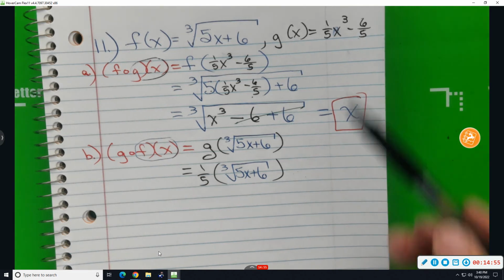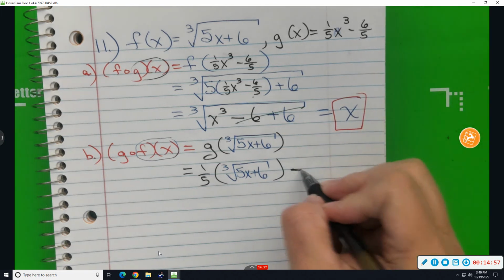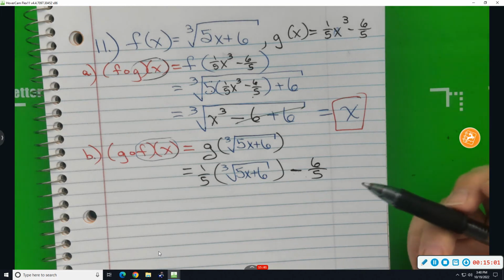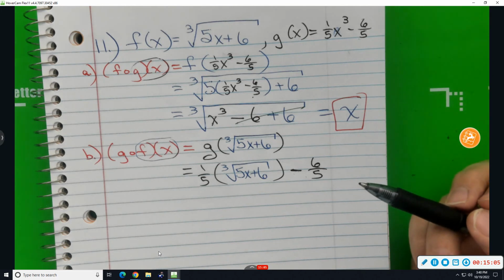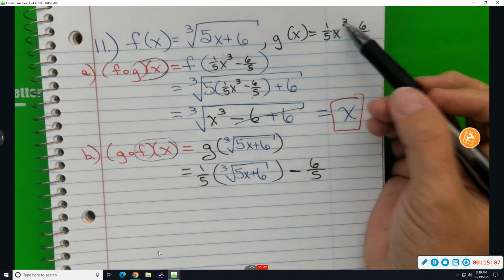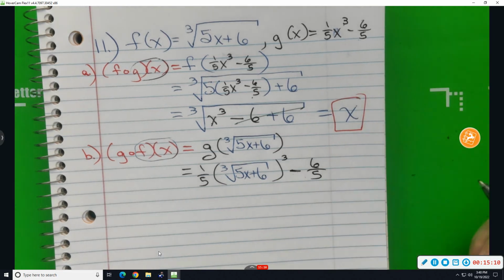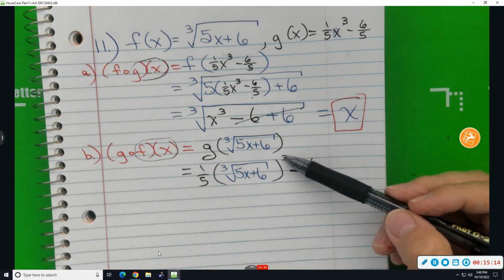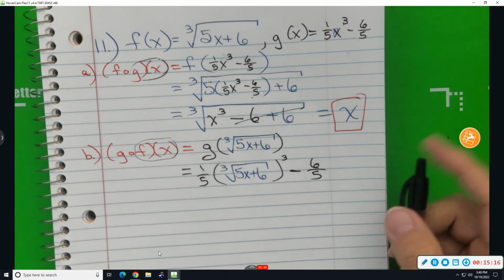The minus 6/5. Oh, I think I dropped something accidentally. What did I drop? Yeah, that power of 3. We were going to be stuck if we didn't have that power of 3. Now we know what happens. Cube in a cube root. What happens to the radical?